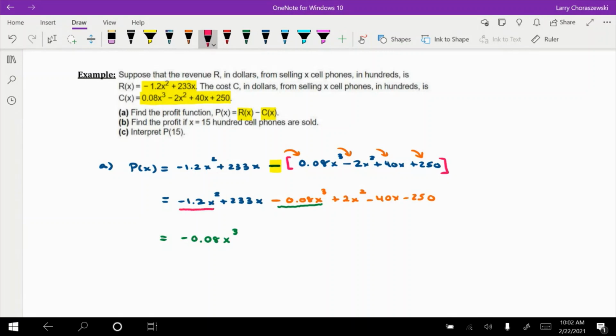There's another term in this expression that can combine with negative 1.2x squared, and that would be positive 2x squared. The reason why I'm looking at those terms is because that would be the next highest power of x, and what you would get after you combine those two terms is positive 0.8x squared. Is there anything that 233x can combine with?